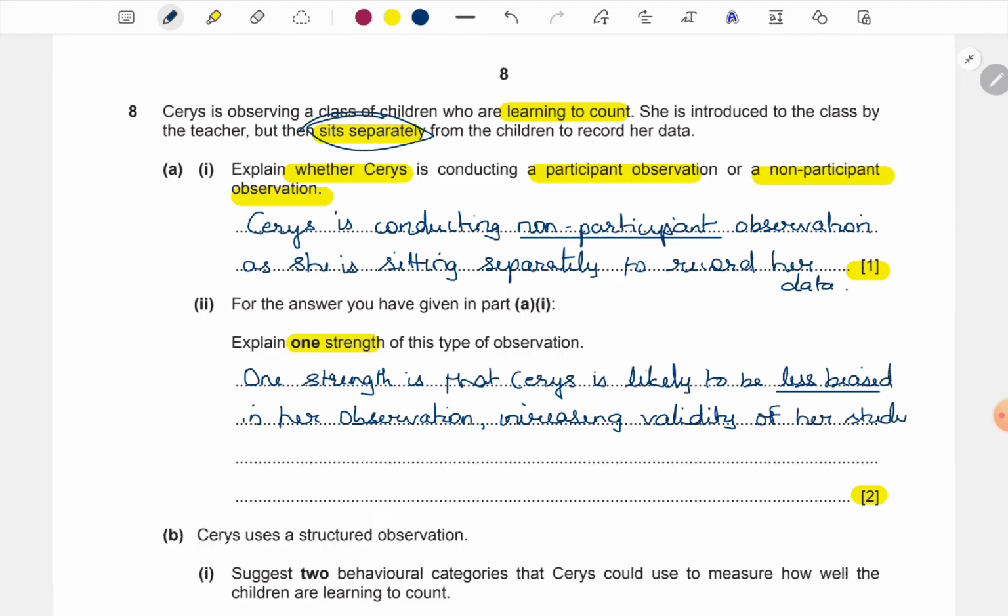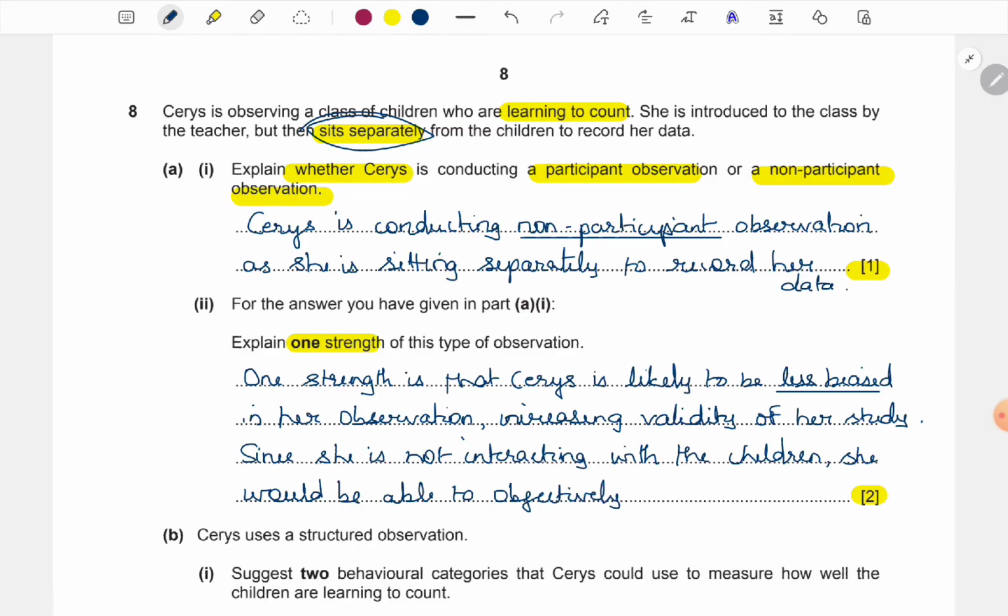Now to link it and to give reasoning, since she is not interacting with the children, she would be able to objectively note their counting, their learning of counting.